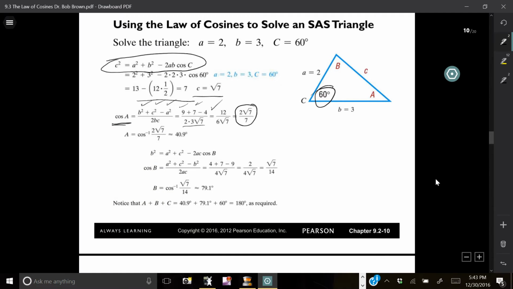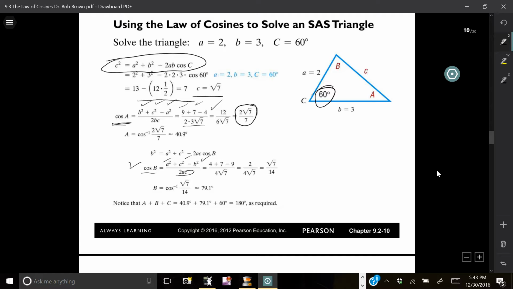Notice that you can solve for B using the other version, cosine of B equals a squared plus c squared minus little b squared divided by 2ac.